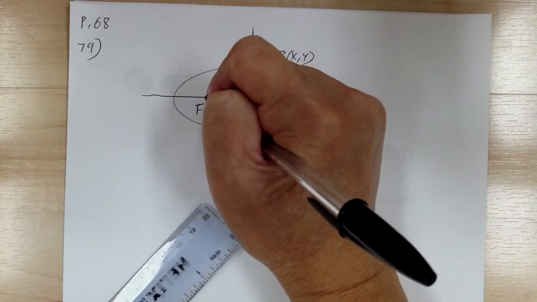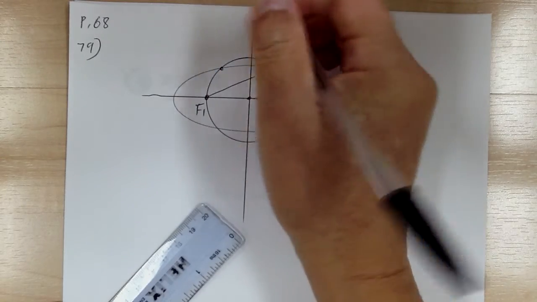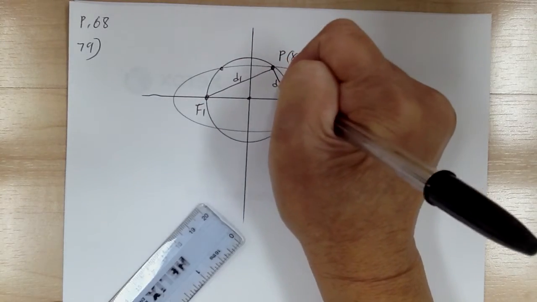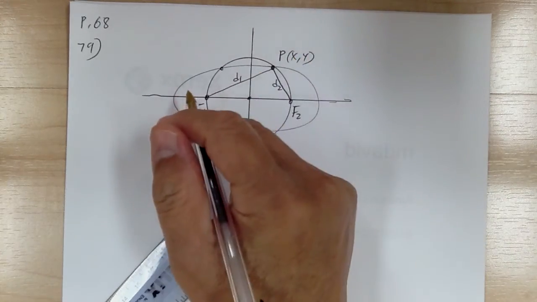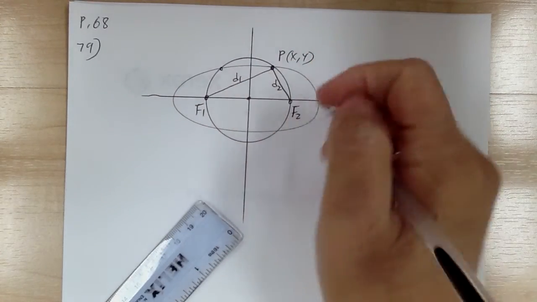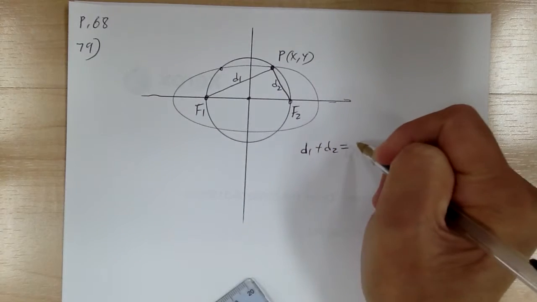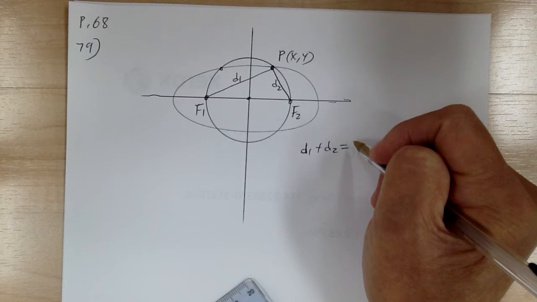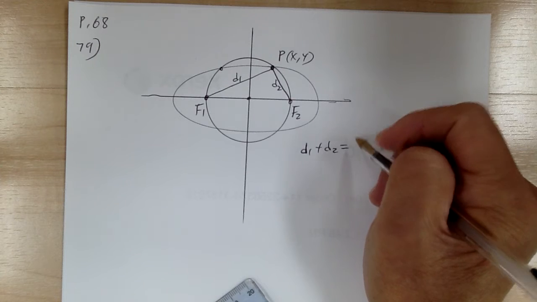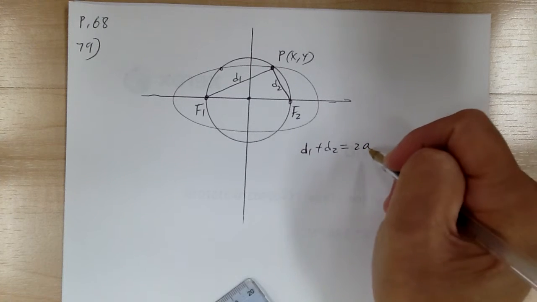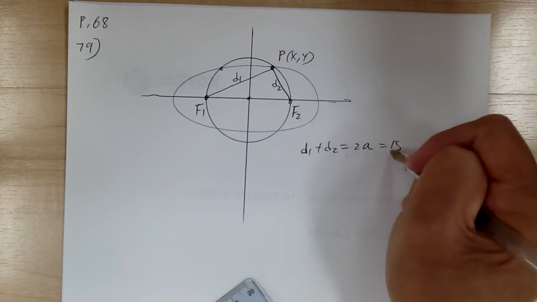If the major axis of the ellipse has length 15, that means, remember the definition of an ellipse, d1 plus d2 equal to the major axis, which is 2a, and this is equal to 15.